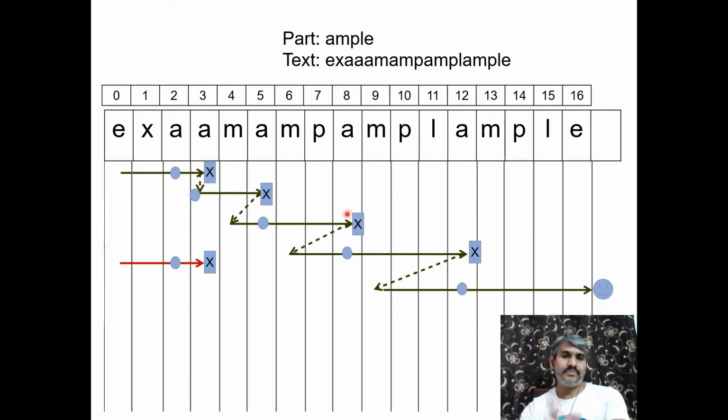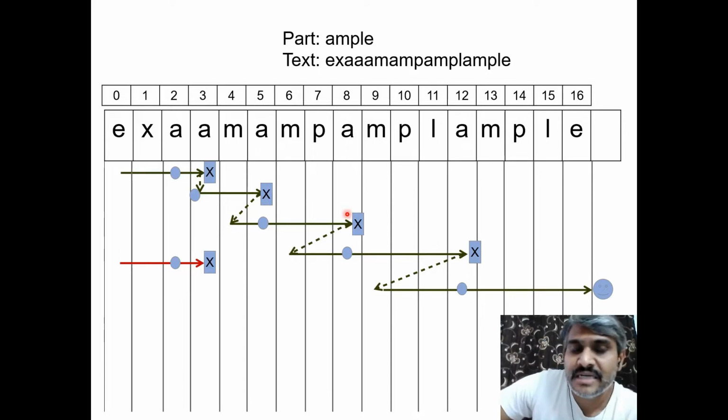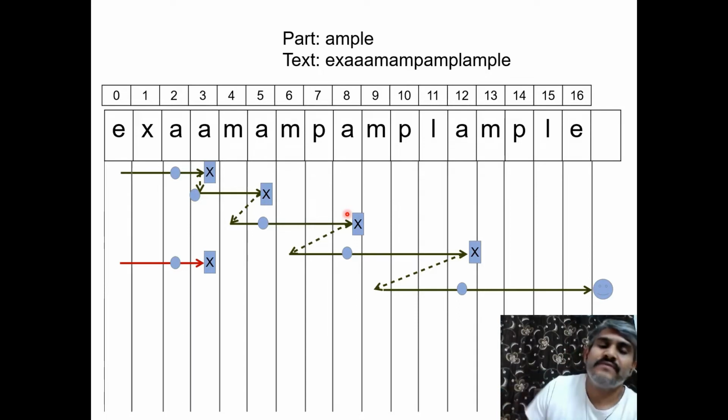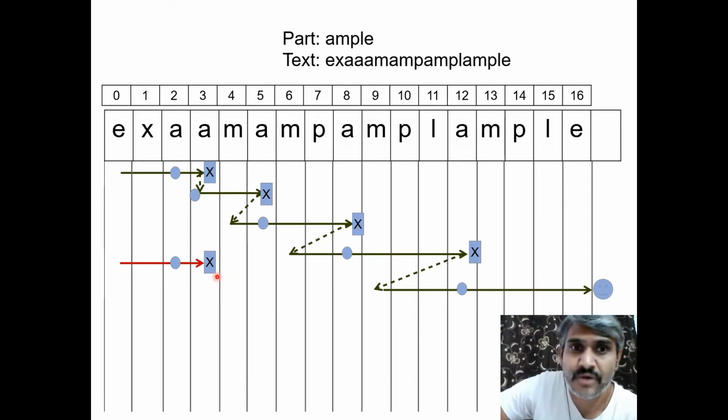Now instead of looking at the start position of the partial match, what if we look at the end position of the partial match? For example, if I know that a partial match has failed at position 3, why not start right at position 3? This logic could be wrong, of course, but just for the sake of consideration, just to make some kind of progress, even though it may not be correct.